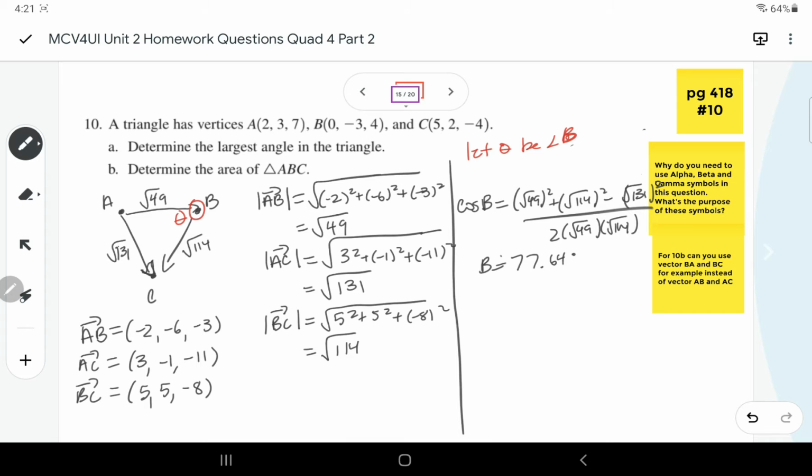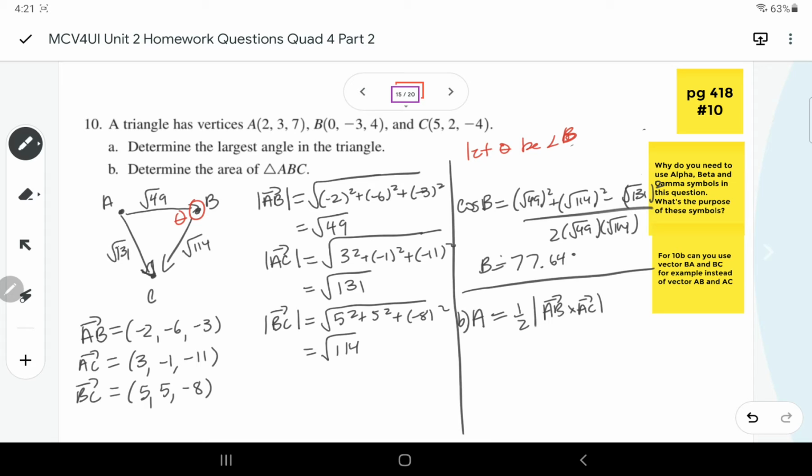So then we want to determine the area of triangle ABC. So remember the area of a parallelogram? I think in the solutions with how I've drawn it up, I would say area is 1/2 the magnitude of AB cross AC.